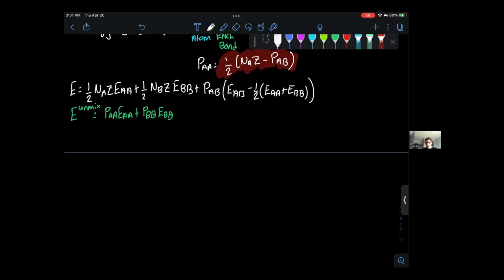If we were to take our E of our mixture and minus our energy of our unmixed, the change in energy due to mixing is simply going to be equal to the number of AB bonds times the energy of the AB bonds minus the average energy of our like bonds.